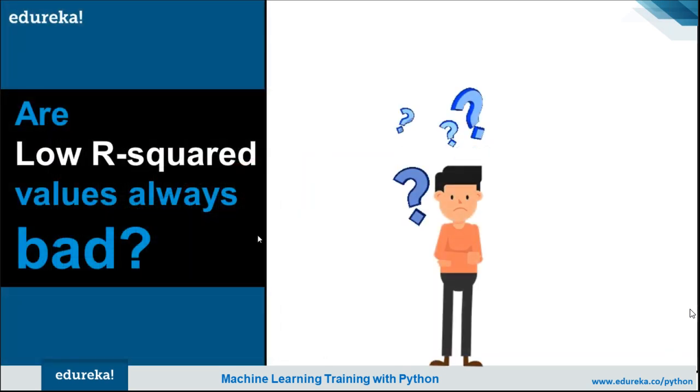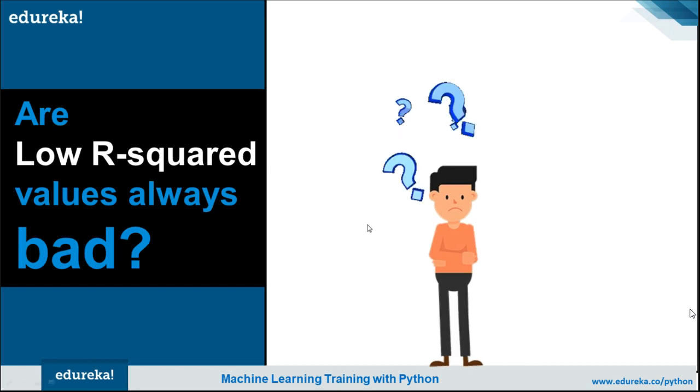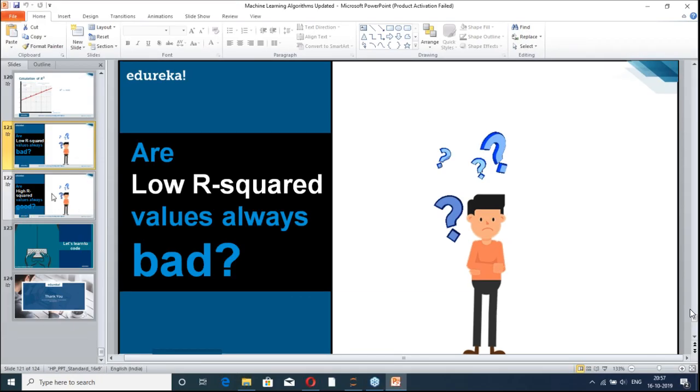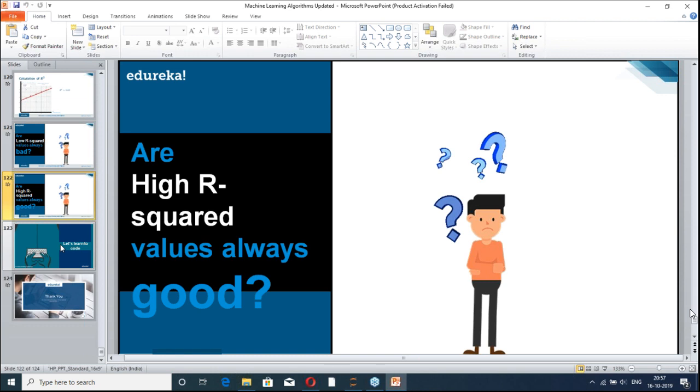There is a question: are low R square values always bad? Mostly you will say yes, but that's not always the case. We can't discuss the mathematics and the cases here, but currently you can keep it in mind that a high value means good, a low value means bad, but not always, right? We will be discussing it when you go through the course.